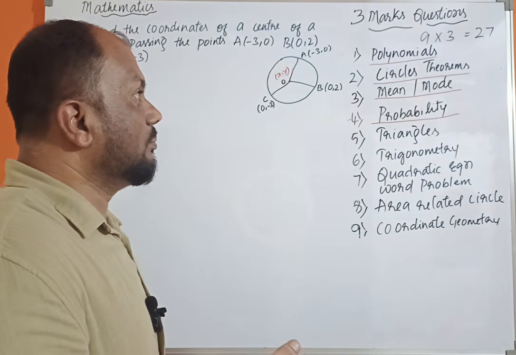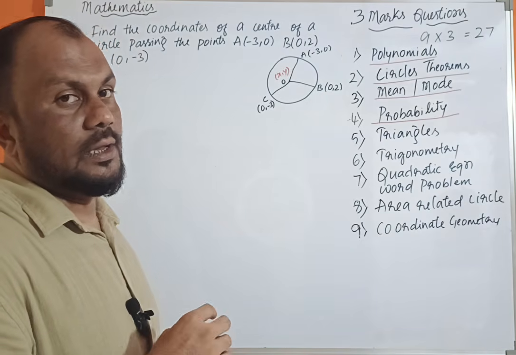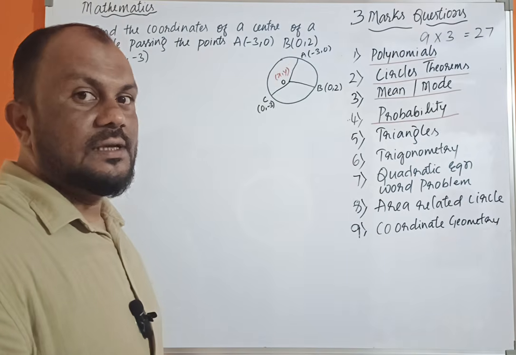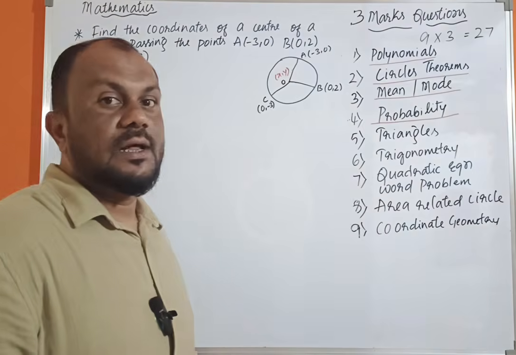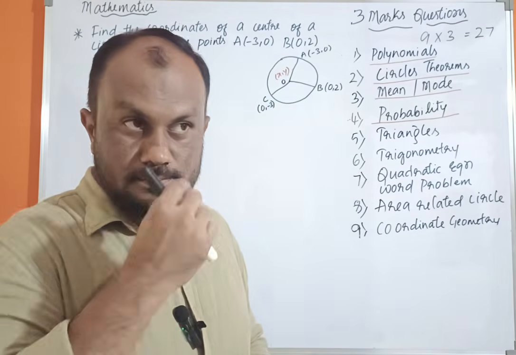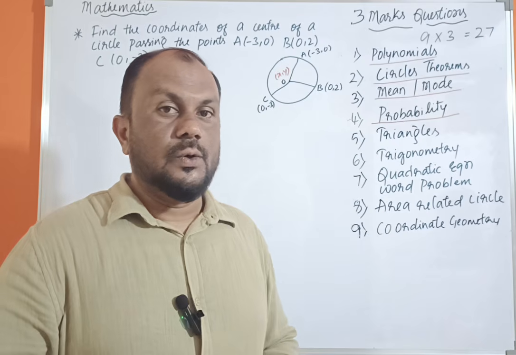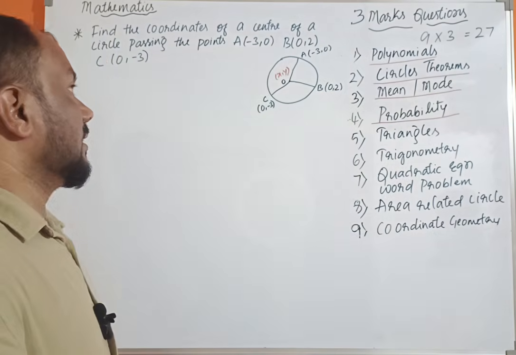OA is equal to OB and OB is equal to OC, or OA is equal to OC and AO is equal to OB. You can find out X and Y easily. So here we use distance formula. So you all know distance formula. D is equal to root of x2 minus x1 whole square plus y2 minus y1 whole square.